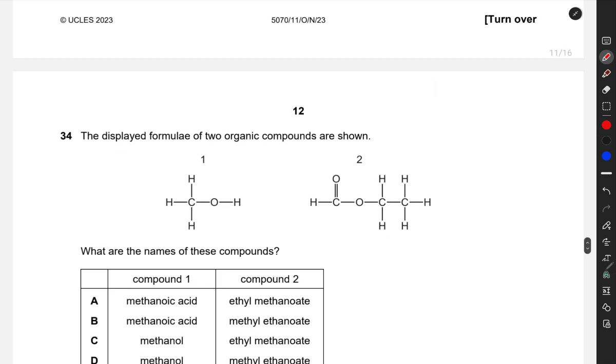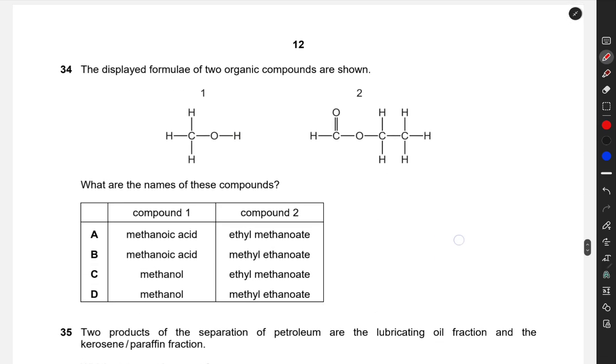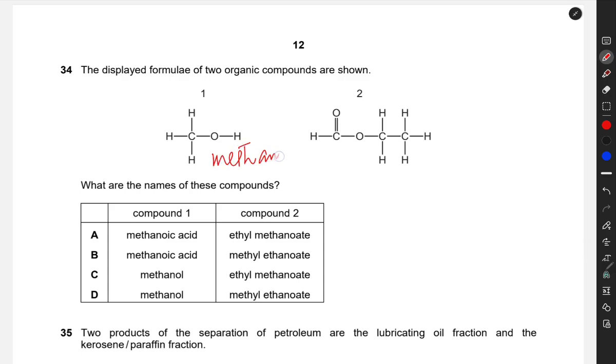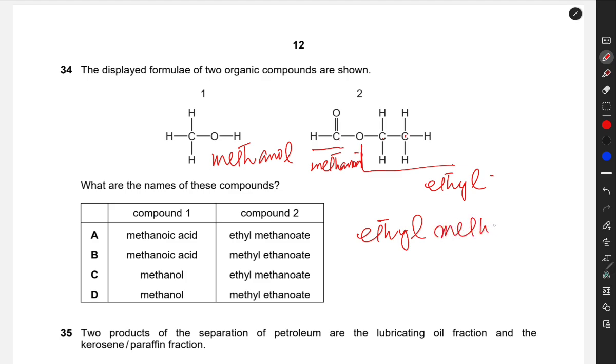Question number 34. The displayed formulae of 2 organic compounds are shown. This is methanol, and this is ethyl, and this is methanoic acid, because 1 carbon is methanoate. So the compound is ethyl methanoate.